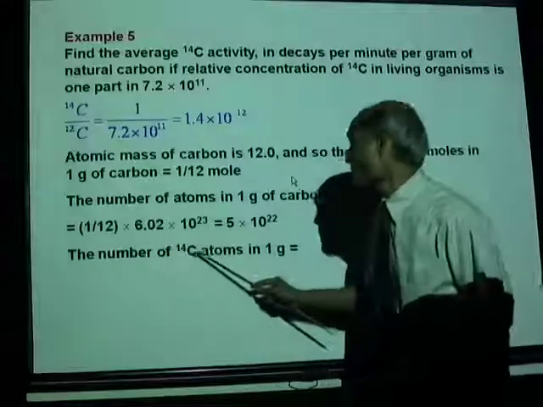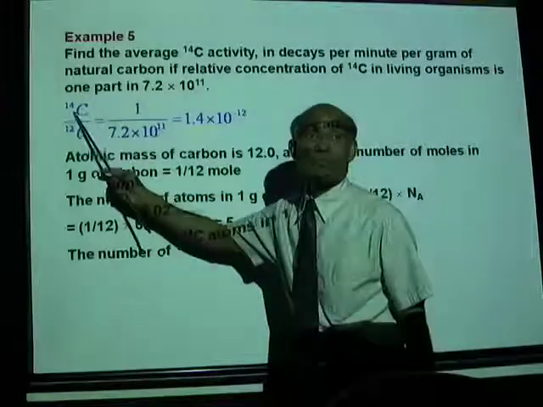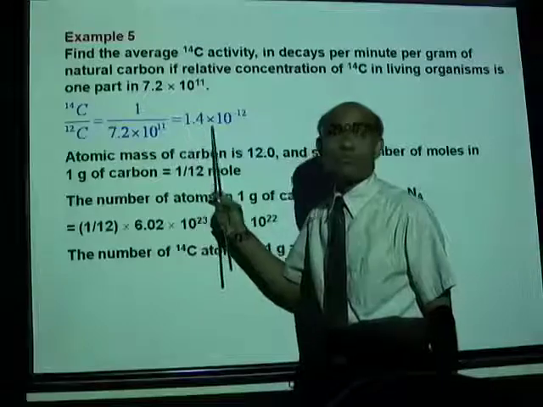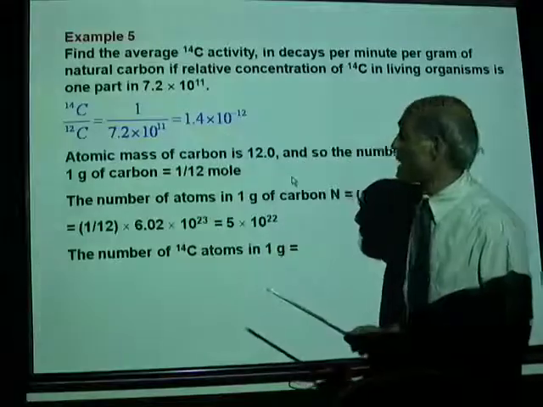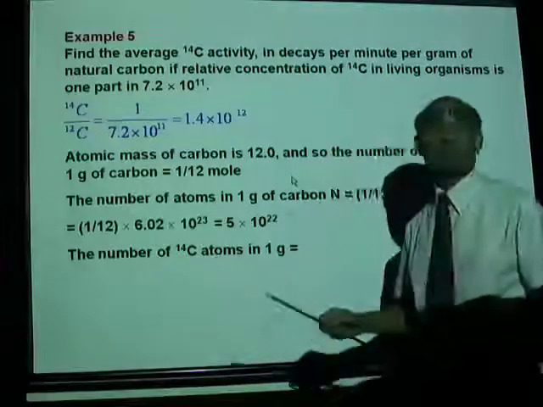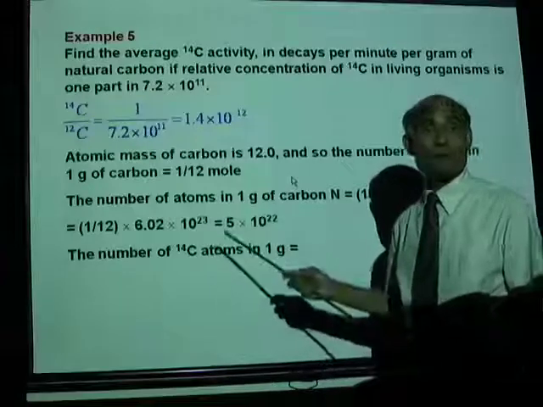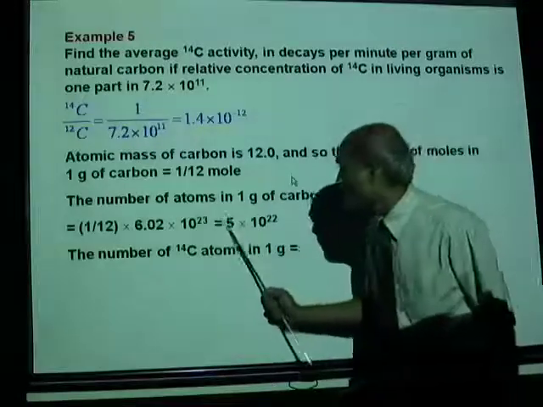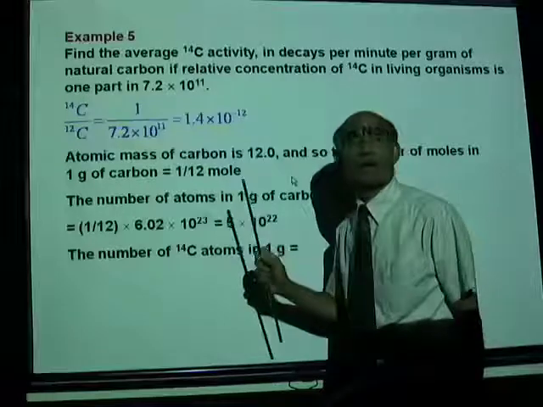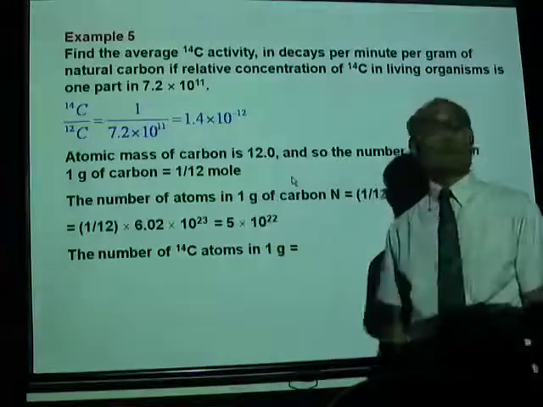And the number of carbon-14 atoms, well, since the ratio of carbon-14 to carbon-12 is 1.4 times 10 to the negative 12, how many carbon-14 atoms are there in 1 gram of carbon? There are 5 times 10 to the 22 atoms in 1 gram of carbon.